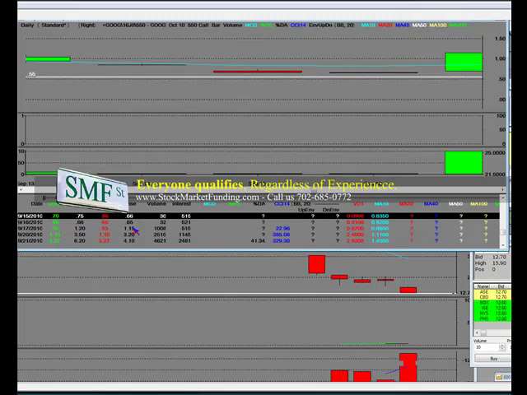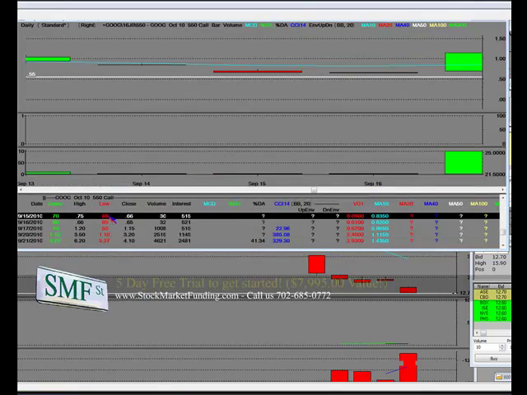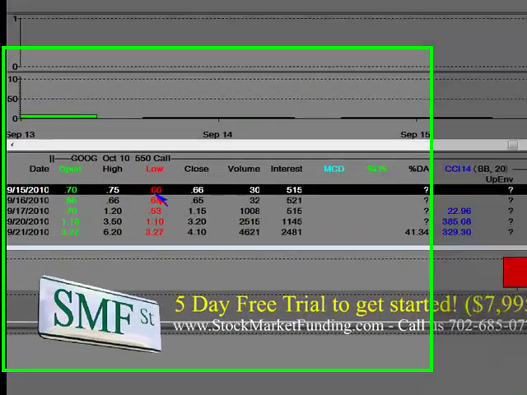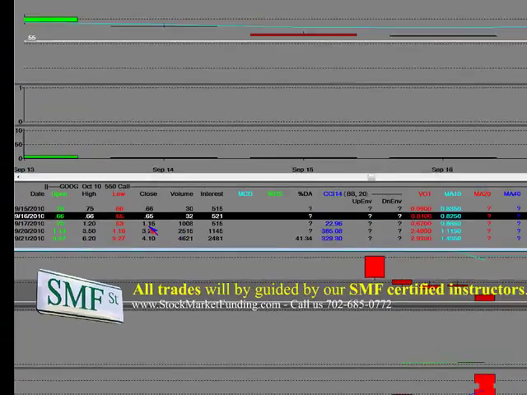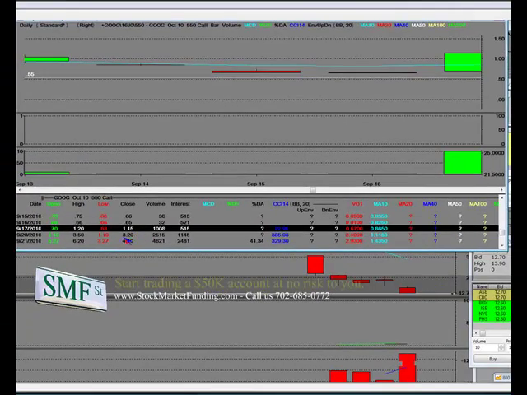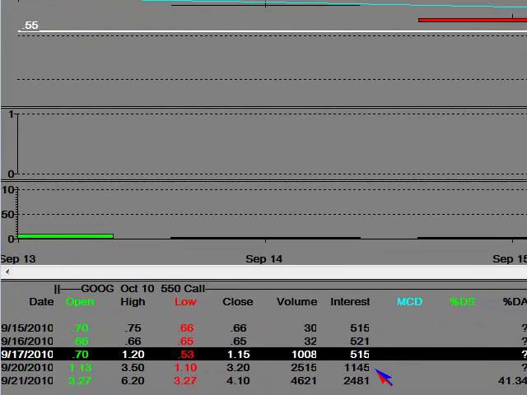In fact, they were so cheap that they were just a lousy 66 cents. That's how cheap they were. 65 cents, 53 cents. Okay, so the low of the contract is 53 cents. The volume traded that day was 1,008, and the open interest only remains at 515.